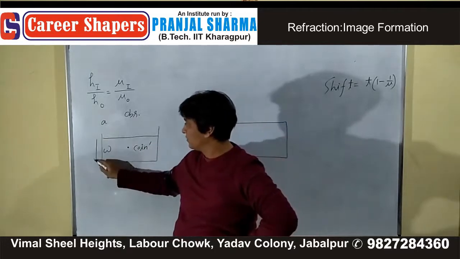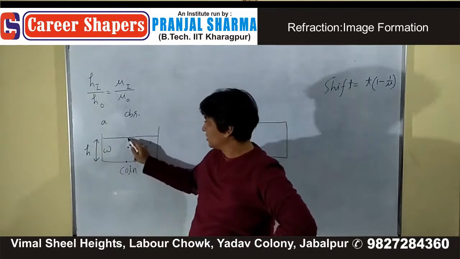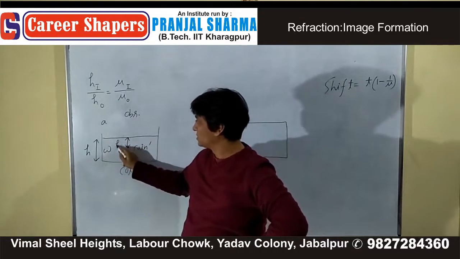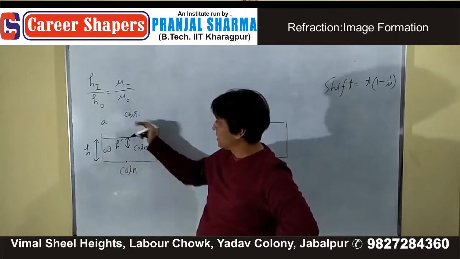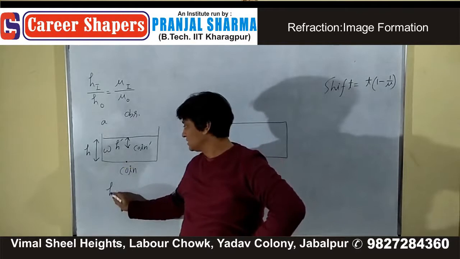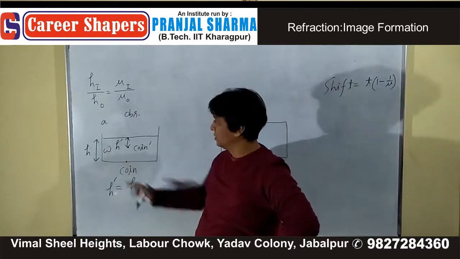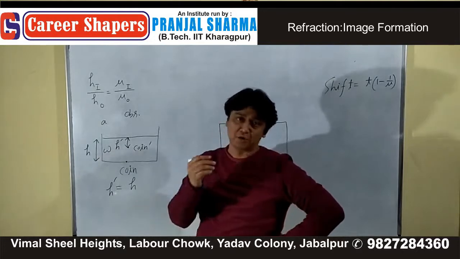If this thing is H, then I hope you remember that this H dash for the coin dash as seen by observer is simply H, either you multiply or you divide. You can remember the trick.